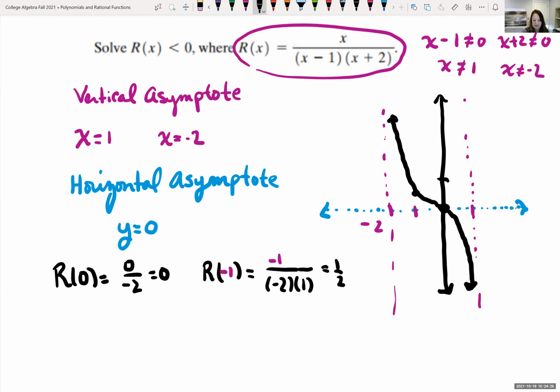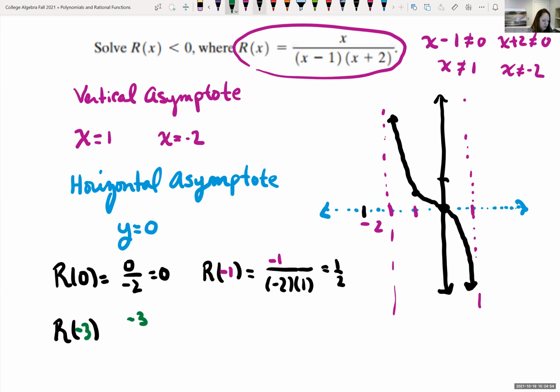Now all we have to do is look at what's happening on the left-hand side of negative 2 and the right-hand side of 1. We know the end behaviors are going to be hugging the x-axis because of the horizontal asymptote. So we just need to test one number to see if we're above or below the x-axis when x is less than negative 2. Let's plug in negative 3.